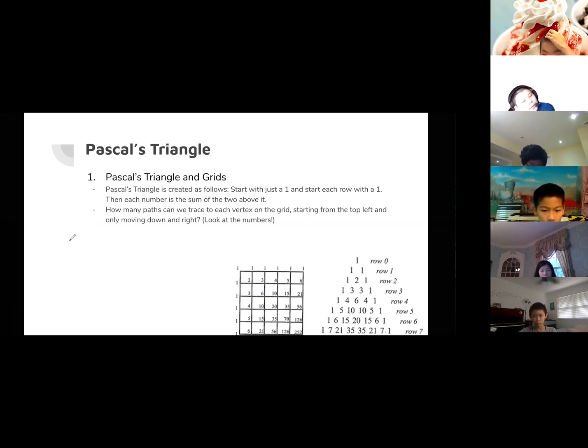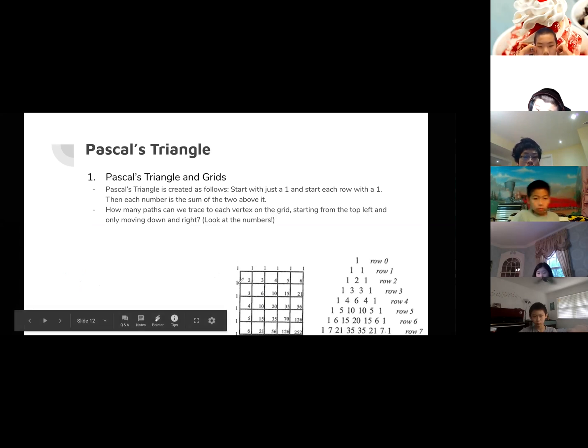And interestingly, if you look at grids, remember that you can represent it both as a combination, but also as a sum of the one to the left and one on the top. In this case, how many paths can we trace to each vertex on the grid? Well, to these you can only have it one way.